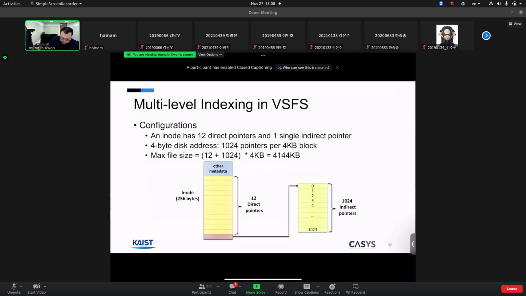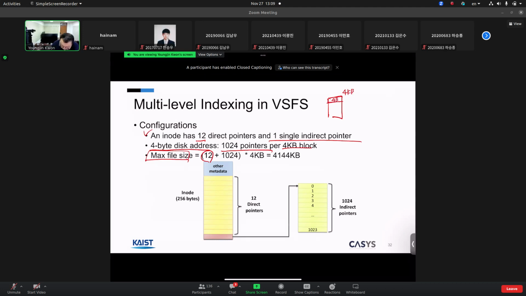That leads to this kind of computation. Each inode has 12 direct pointers and 1 single indirect pointer, let's say. Then a 4 kilobyte block holds this number of pointers. What is the maximum file size according to this index scheme, with 12 direct pointers and a single indirect block that is 4 kilobytes, where each entry has a 4 byte pointer?